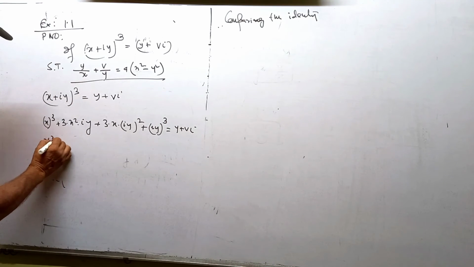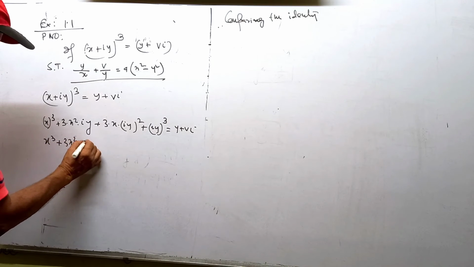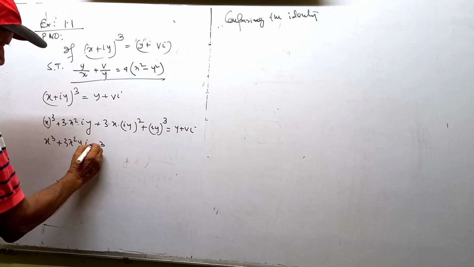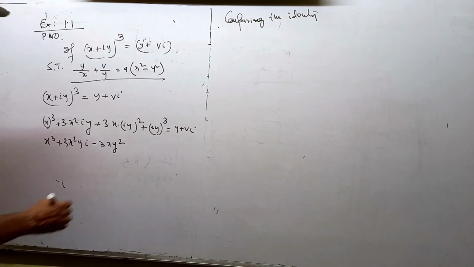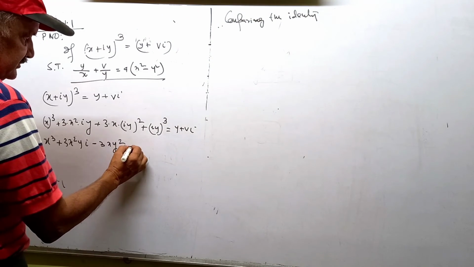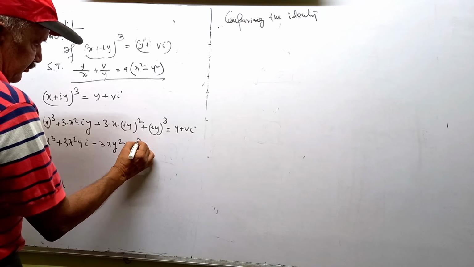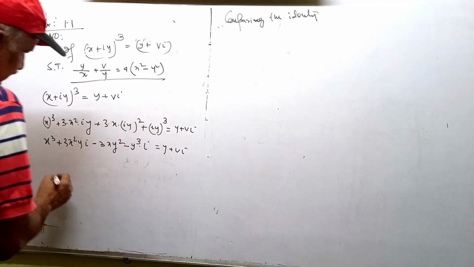So x cube plus 3x square y into i, minus 3x y square, minus i y cube.